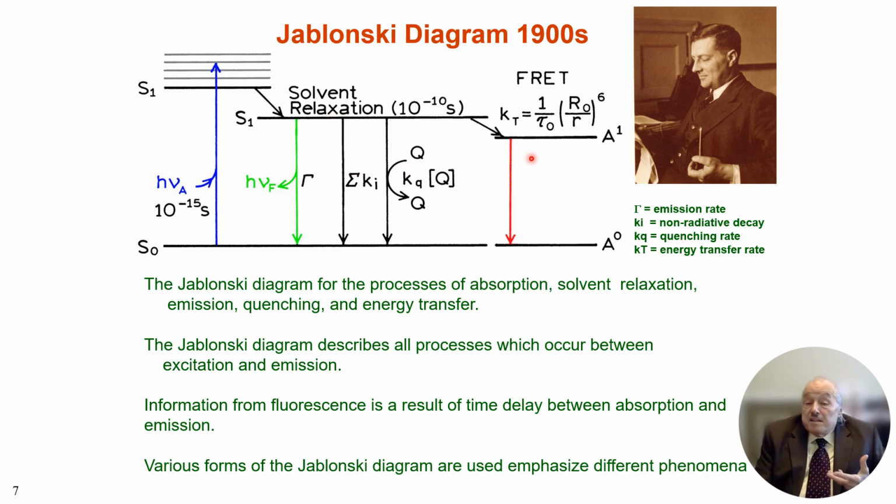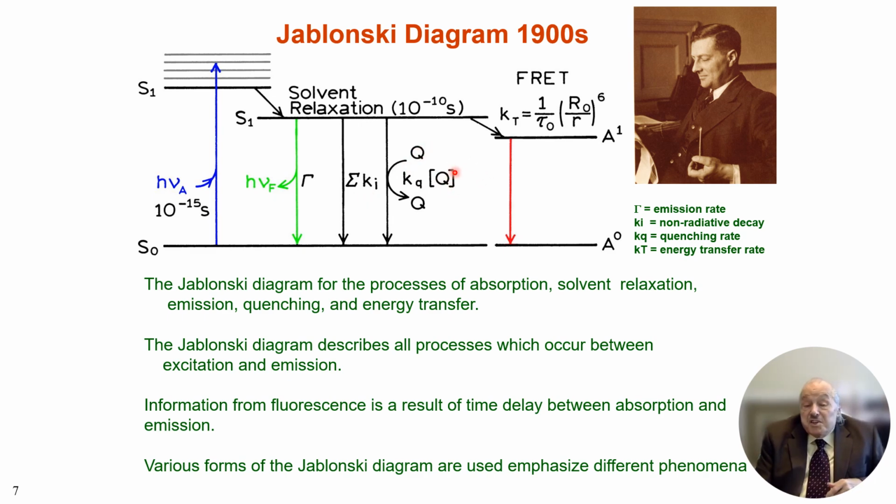Then this excited state fluorophore exists for a period of time. And because it exists for a period of time, that gives it the opportunity for things to happen between absorption and emission. So it can emit with a radiative decay rate. It can return to the ground state, which since we can't see it, we don't know much about it. So we just call it the sum of the crossings.